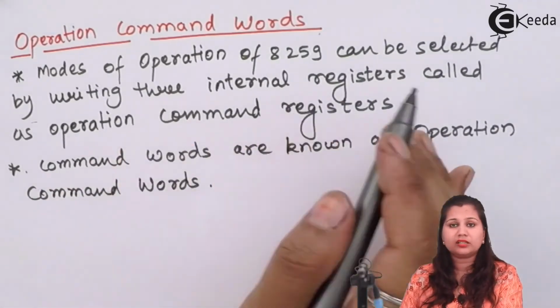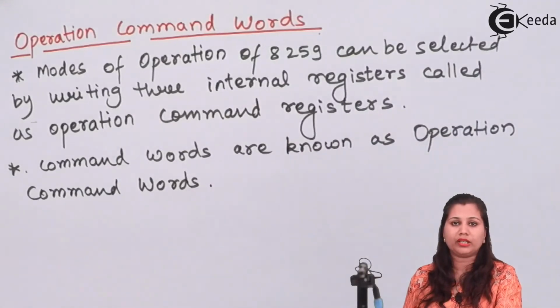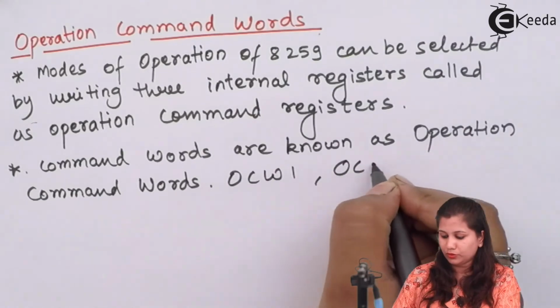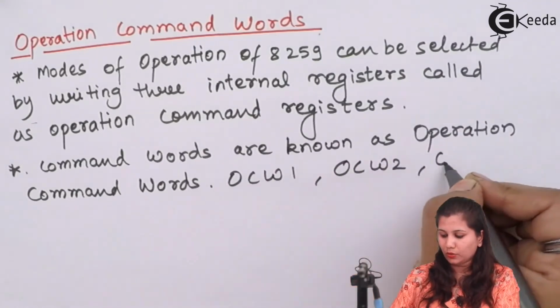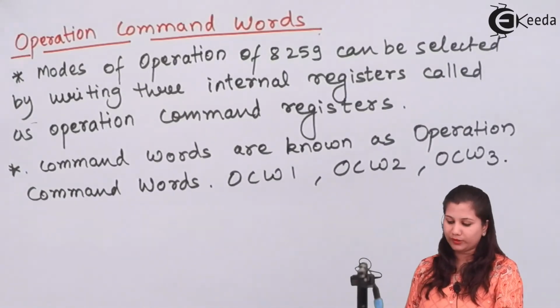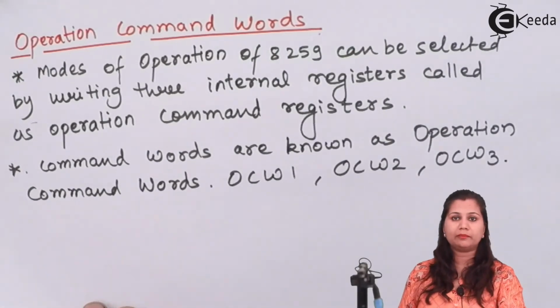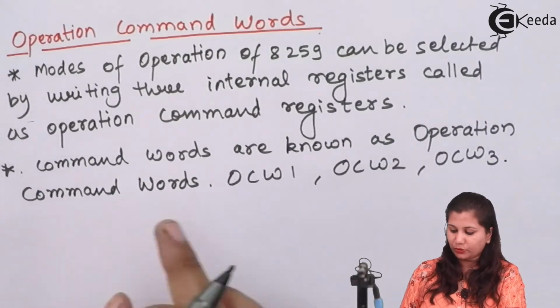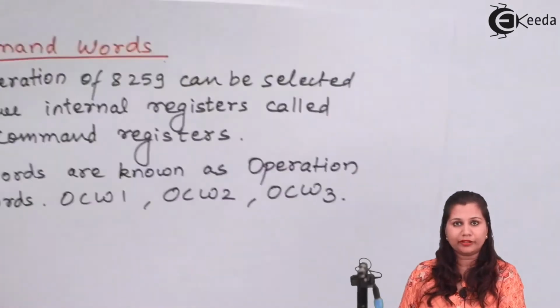Now there are 3 internal registers, so we will have 3 operation command words: OCW1, OCW2 and OCW3. So let us study these command words one by one, what the 8 bits of these command words describe. Okay, so first we will start with the first operation command word.